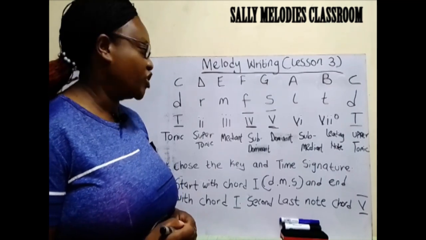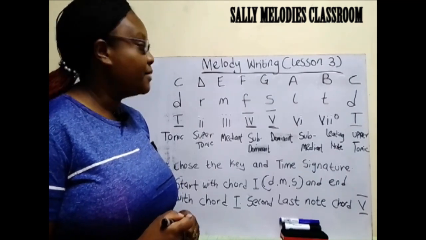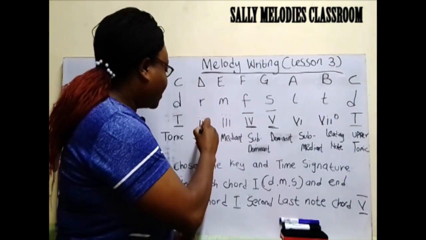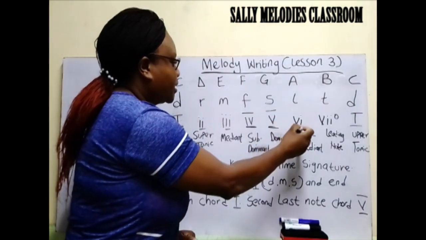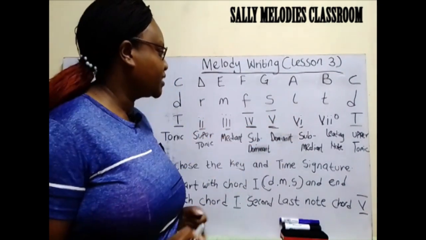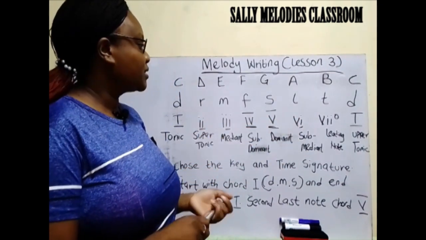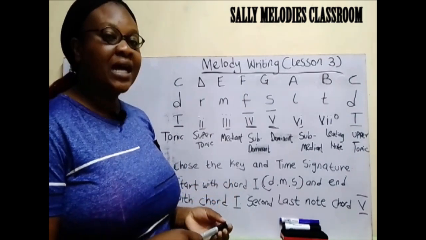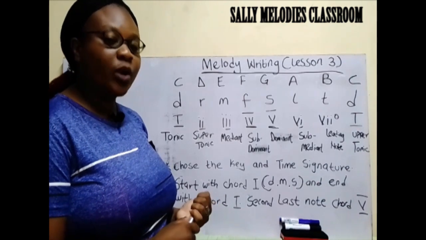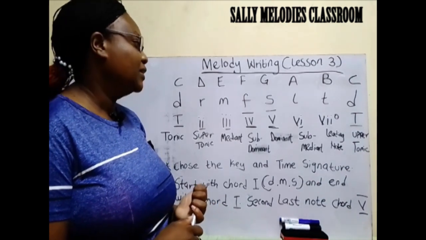They are very major, and we shall look at them and know why they are major. And then the ones that have small Romans, chord 2, chord 3, chord 6, those ones we call them minor or secondary chords. We shall come to see why they are called minor.